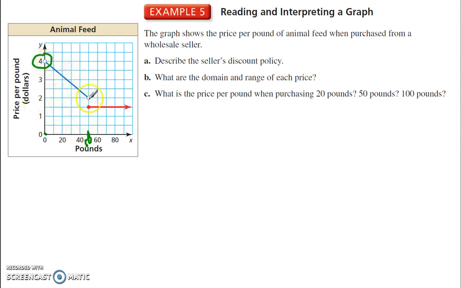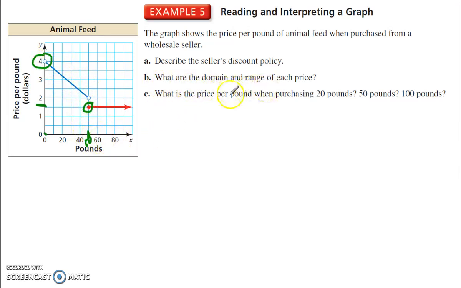So it decreases at a constant rate. At 50 pounds, it drops down to $1.50 per pound. So the discount policy is as of 50 pounds, you only pay $1.50. Until then, it decreases at a constant rate.